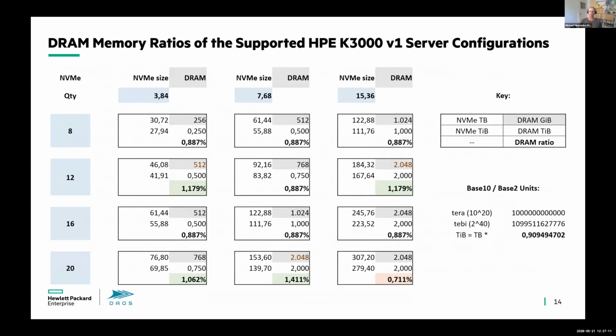There are a bunch of conversions there between base 2 and base 10, and in the bottom right of each of those squares you see the actual SCM ratio. For most of the configs it's 0.88%. Some are above, and the one with 20 of the 15 terabyte drives is actually 0.7%. So that's what we get in reality in a DAOS system with MD on SSD phase 1 today.